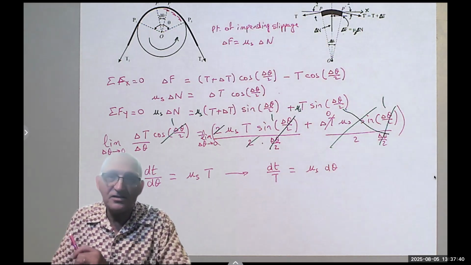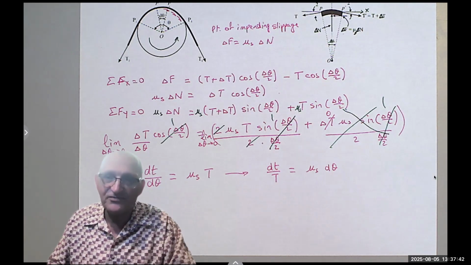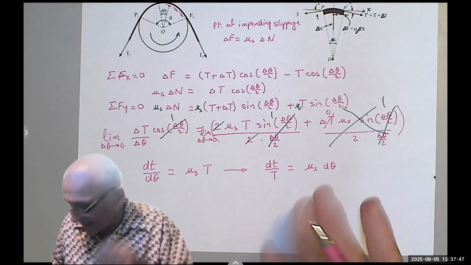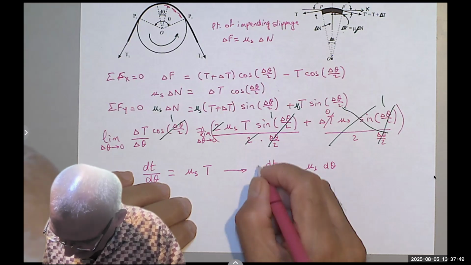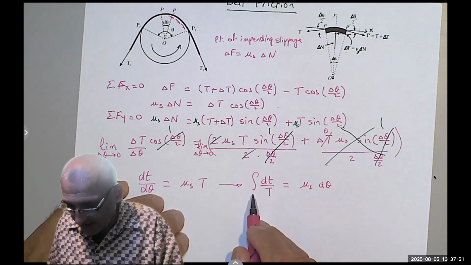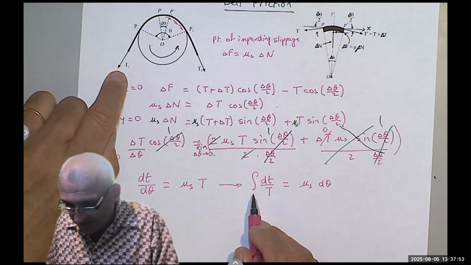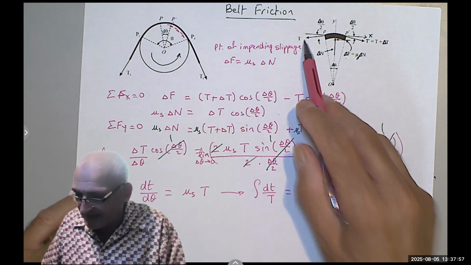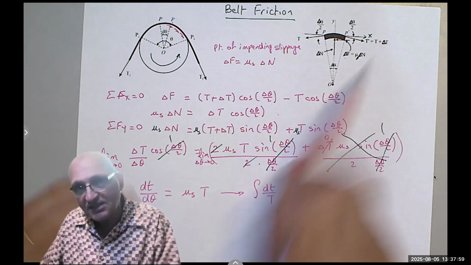Even if you didn't take a course in differential equations, it's so easy here that you just integrate both sides. The T goes from T2 to T1, because you are starting from the left, and when you move to the right, you increase it a little bit.